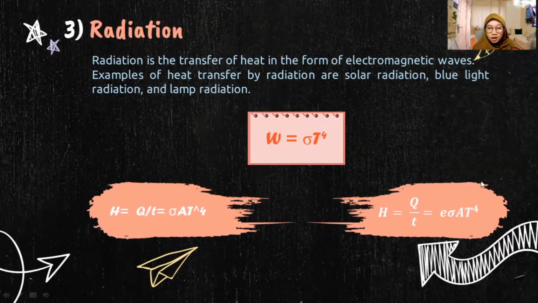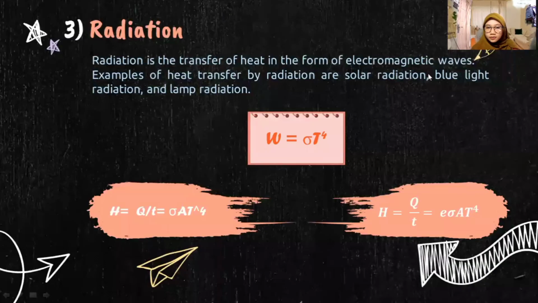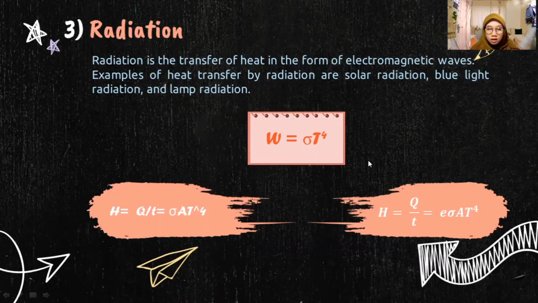And then the energy emitted for any type of surface object can be defined as H equals Q divided by T equals E times sigma times A times T to the power of 4, with sigma the Boltzmann constant equals 5.5 multiplied by 10 to the power of minus 8.